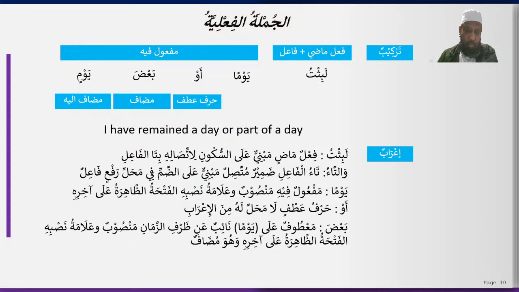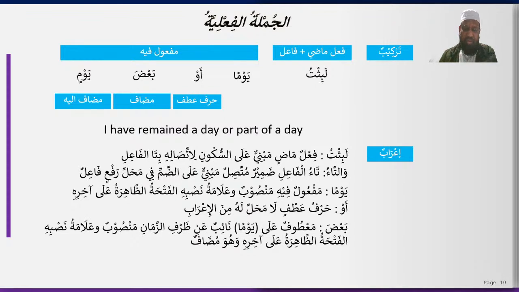So if the word بعض is نائب عن ظرف الزمان, this is how you write the i'rab. If it's obviously معطوف, then we write معطوف on the word يوما.